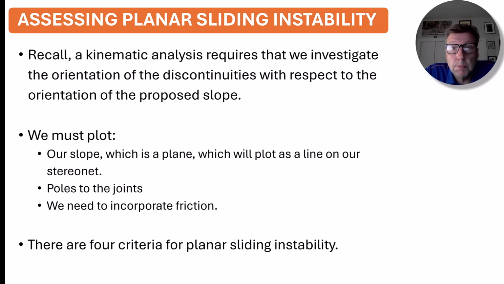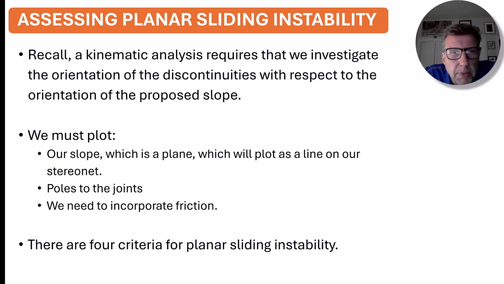To assess planar sliding instability, we need to plot on our stereo net the slope that we want to construct, which we'll plot as a line. We're going to plot the poles to the discontinuities that were mapped, and those poles plot as points. And somehow we need to incorporate friction. Okay? We'll cover that, don't worry.